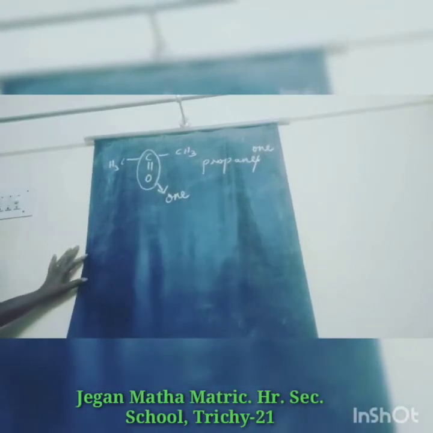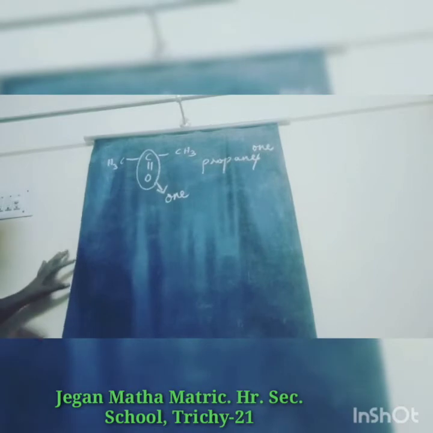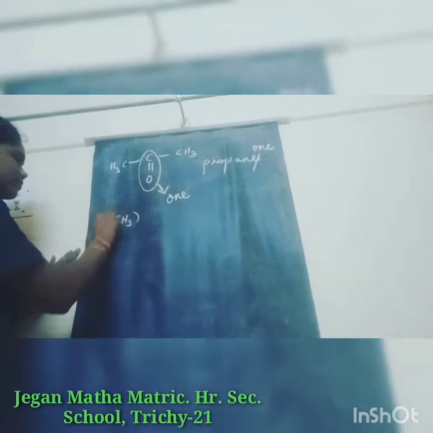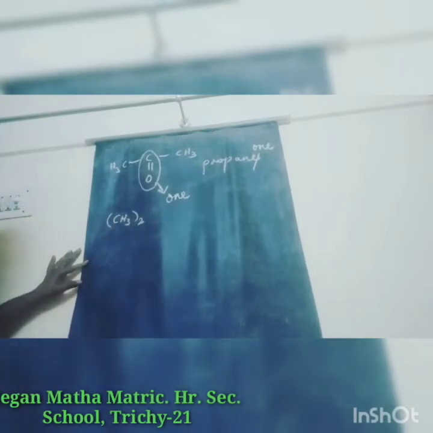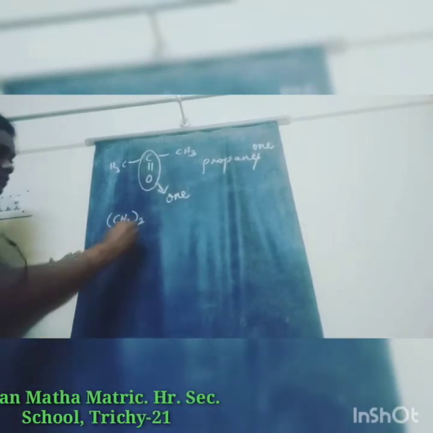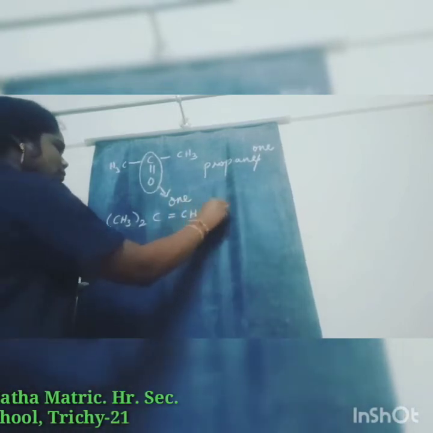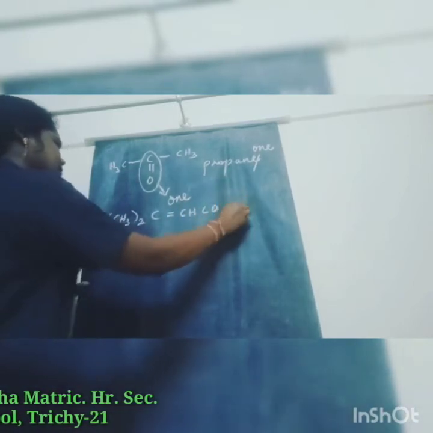Okay, and then see the next one, mesityl oxide. The mesityl oxide formula is CH3 twice, C double bond CH, CO, CH3.